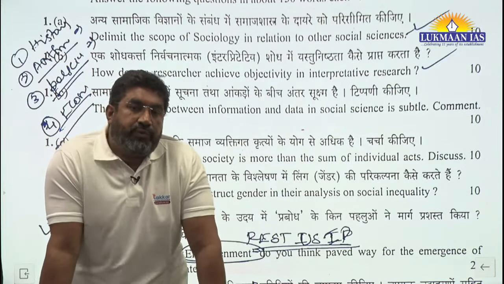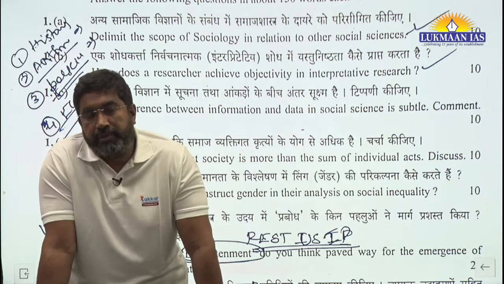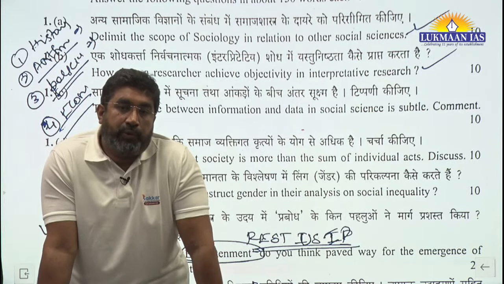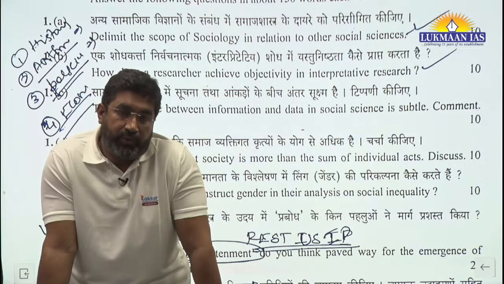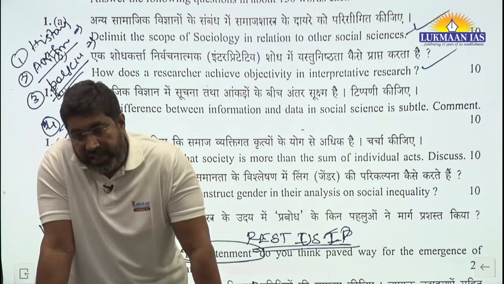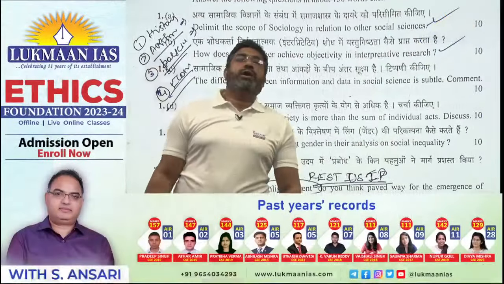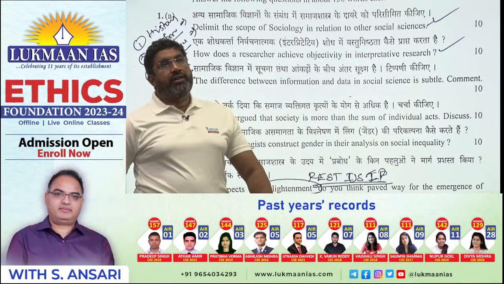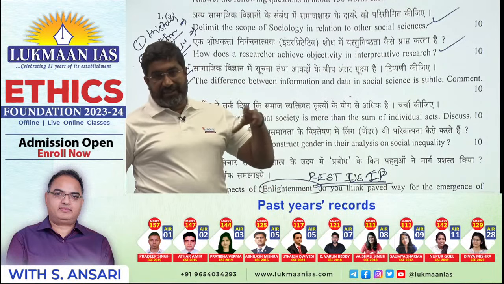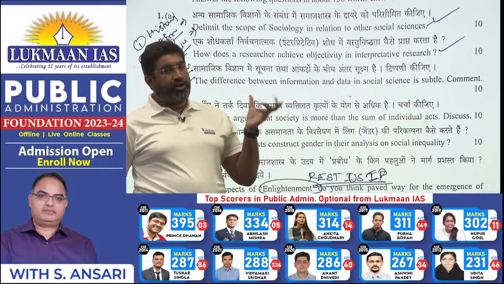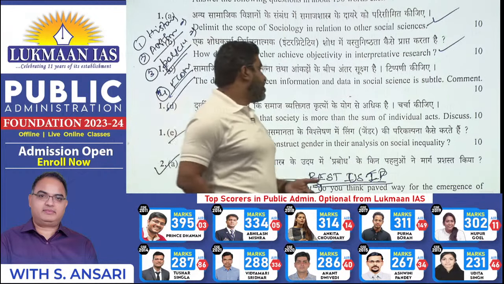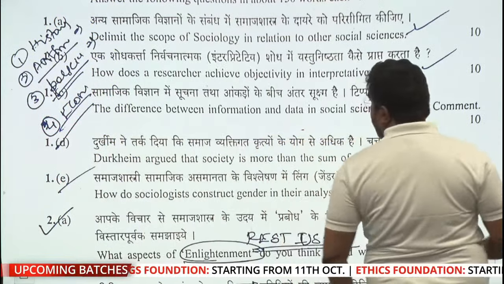You have to give good examples from the same theory, that how there is a difference between book view, field view, participative view, non-participative view, and what perspective and what research method you are taking and choosing, which can alter your information, even though the data is subtle. So, with the same data, interpretation and information may vary depending upon which point of view you are choosing from. So, that is the third part.